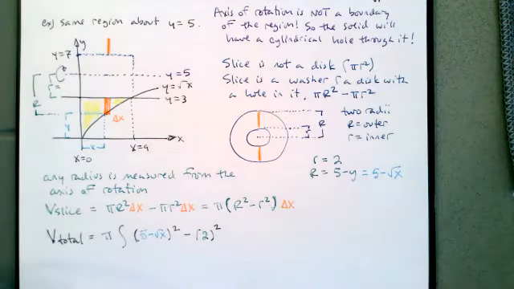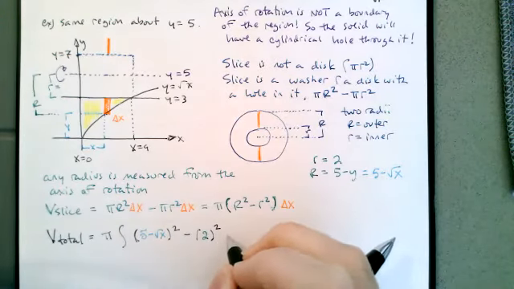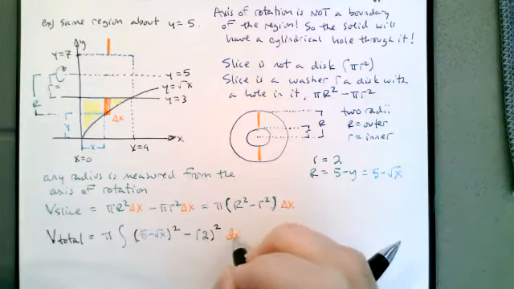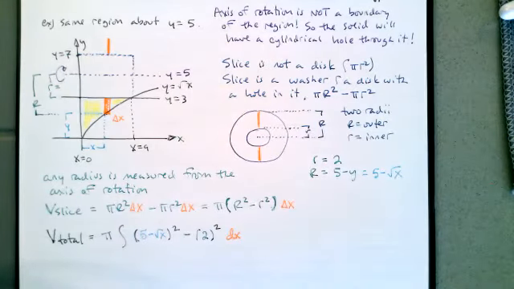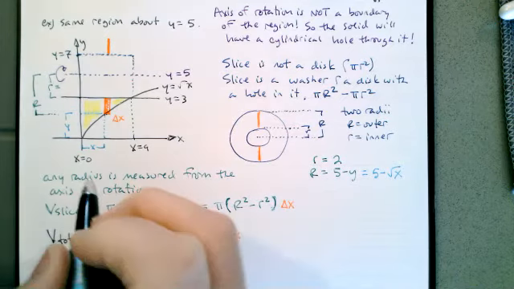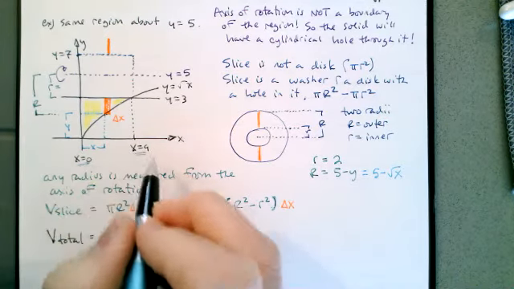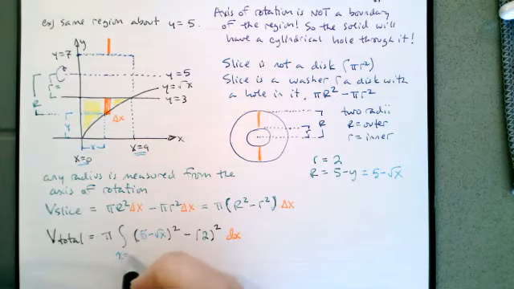And then the discrete delta x becomes a continuous dx as the slices get infinitely thin. We're integrating an x integral, so we have to look at all the x's for which we have a slice, and the x's go from 0 to 9.